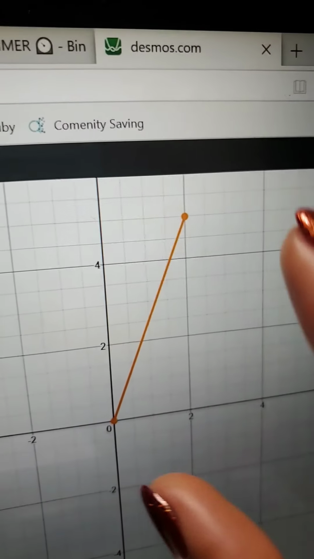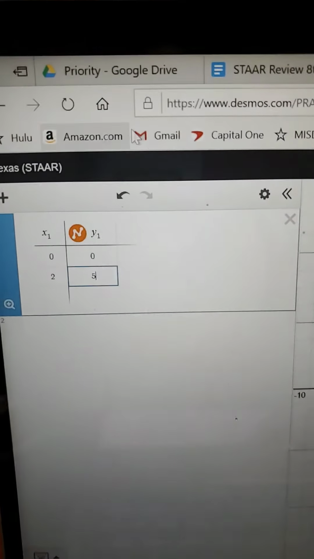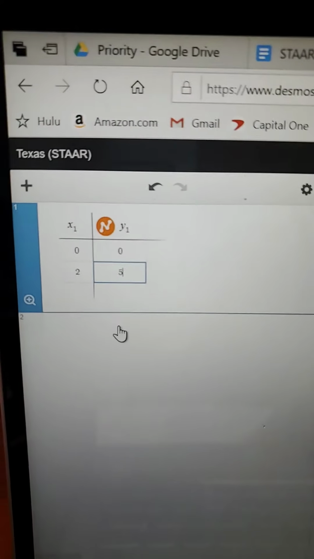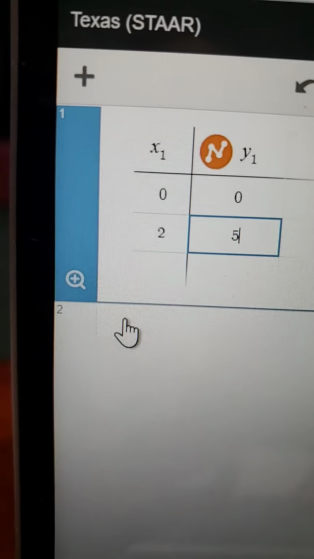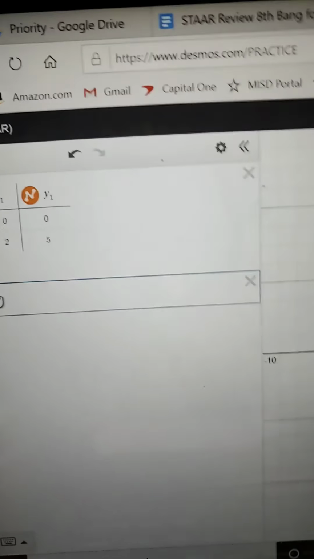Now that's the easy part. The hard part is remembering the cheat code. So you go down to where it says line 2, click to activate it.